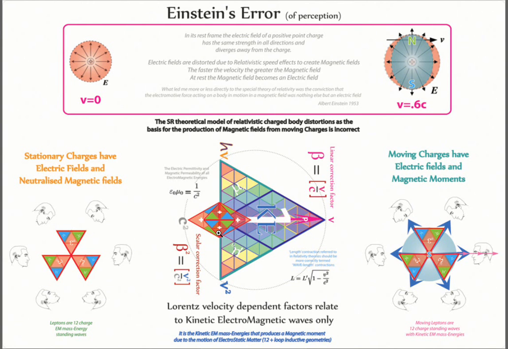Tetryonics now pulls apart mass, energy and matter into its discrete geometries, explains them from the quantum level upwards, and completely re-explains the creation of magnetic moments for charged particles in motion versus the purely electrostatic fields of charged particles with no motion.